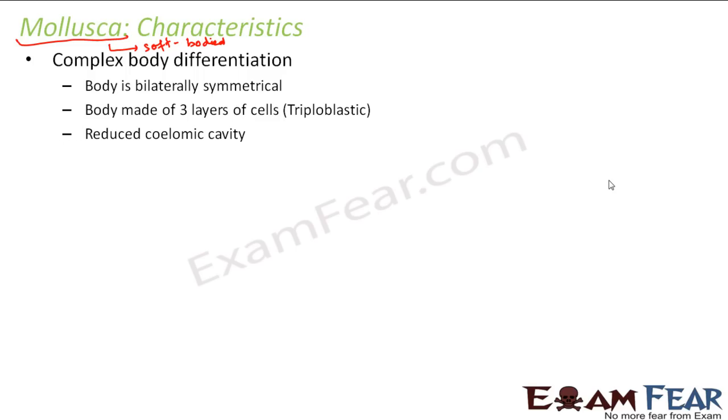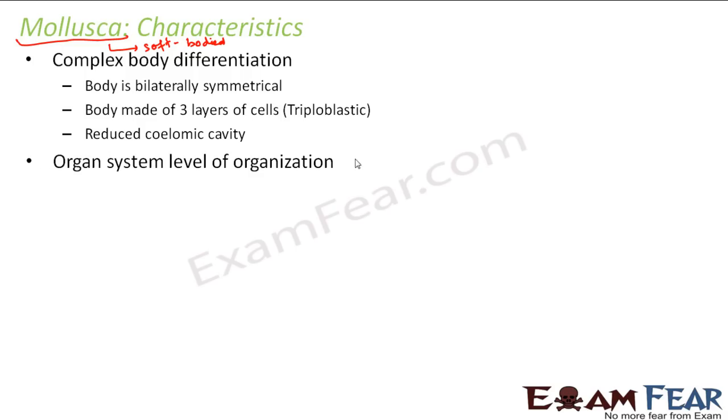Reduced coelomic cavity. As we saw in the case of the arthropods, the coelomic cavity was reduced. A similar thing is observed in mollusks also. Just that in arthropods the coelomic cavity was filled with blood, but in mollusks it is not like that. Organ system level of organization.